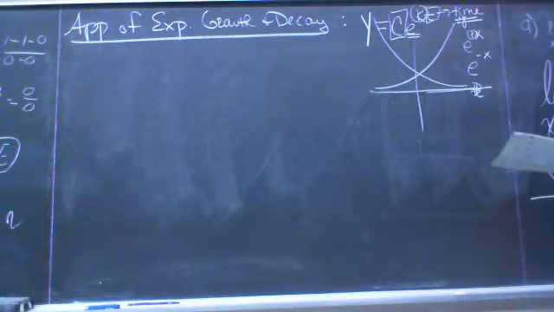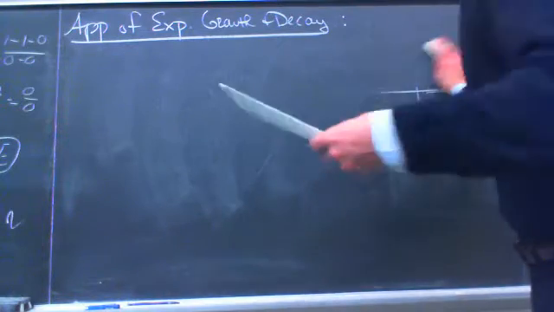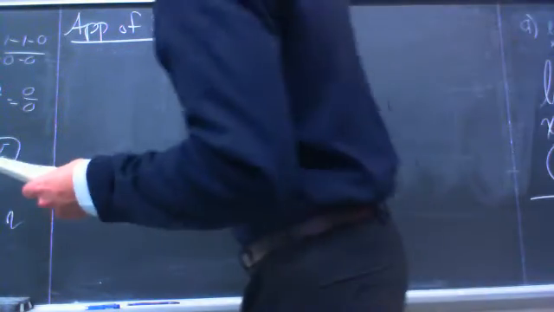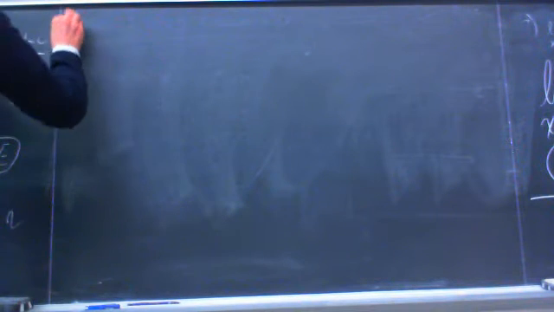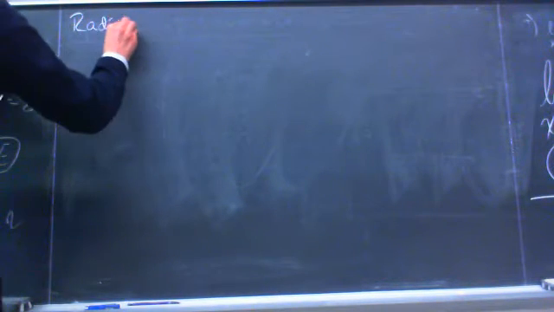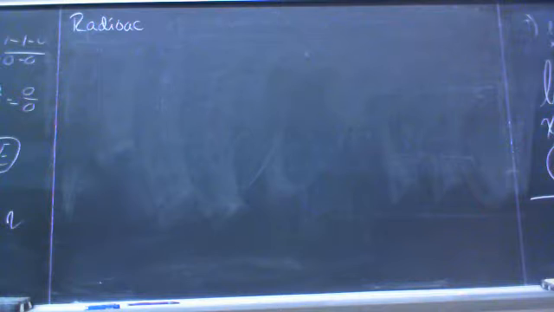All right. So the first kind of application we're going to talk about is called a radioactive isotope having a half-life. I think I have this in your notes, class. If you go here to notes, I have this pre-written out for you already. It's example 4, right before assignment 40.